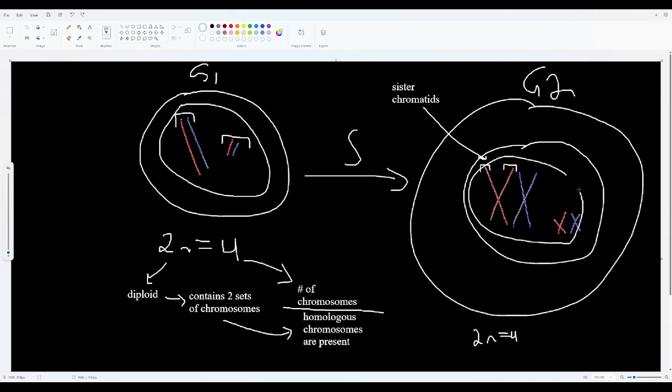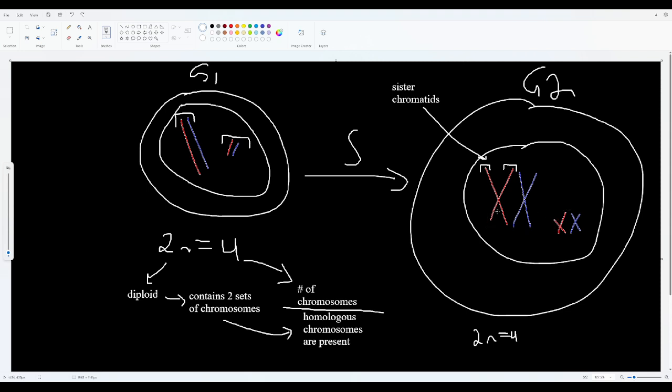So here in this cell, now we have 8 chromatids, 4 chromosomes, and 2 pairs of homologous chromosomes. 2 pairs of 2 homologous chromosomes to be specific. Right? So this is still a homologous pair, and this is still a homologous pair. That didn't change. We still have the homologous pairs because we still have 4 chromosomes.